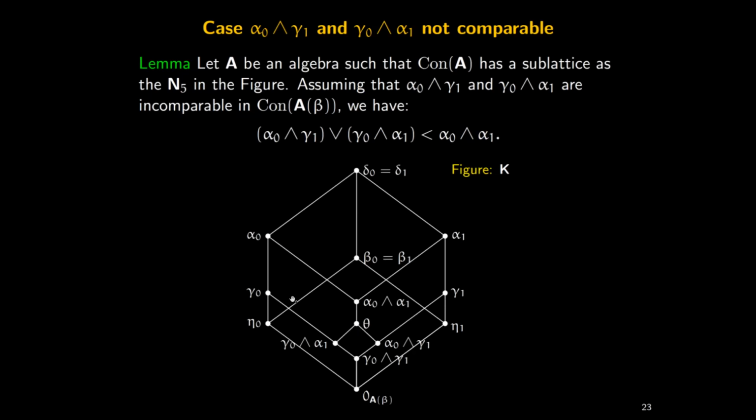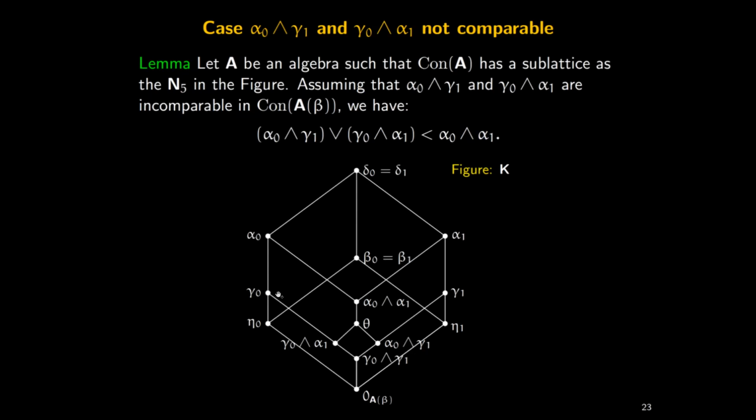The problem is the join between gamma 0 and theta, that could potentially generate another factor congruence, let's call it phi 0, between gamma 0 and alpha 0 in general.